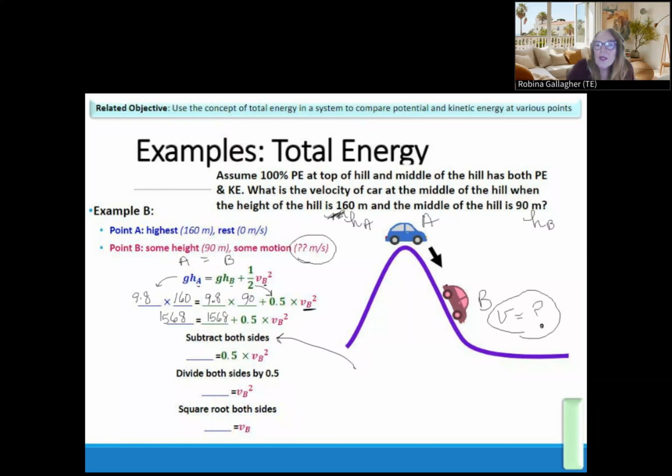But subtract what? Notice that 1,568 is being added to these things that are being multiplied together, right? So I need to subtract 1,568 from both sides to help me get my variable by itself. Wait a minute.